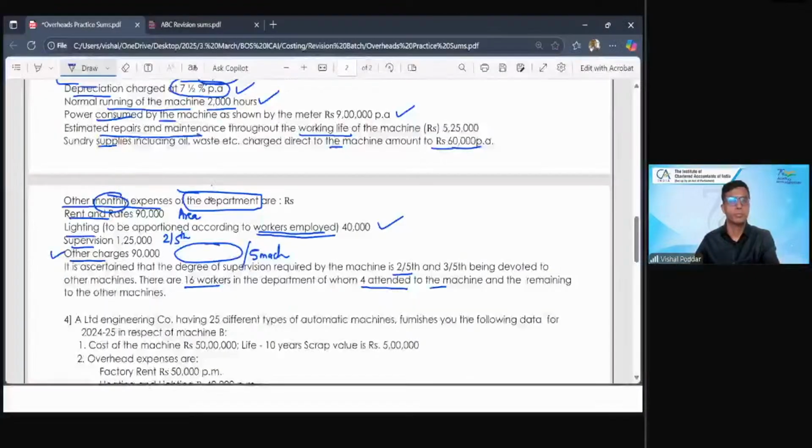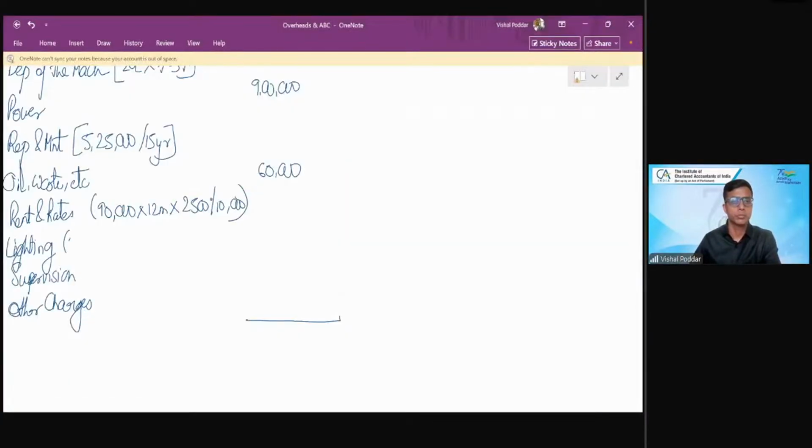Again, lighting is 40,000 and we have to take it in the ratio of workers. What is the ratio of workers? There are 16 workers, out of which 4 are on this machine. Twelve months into 4 by 16.